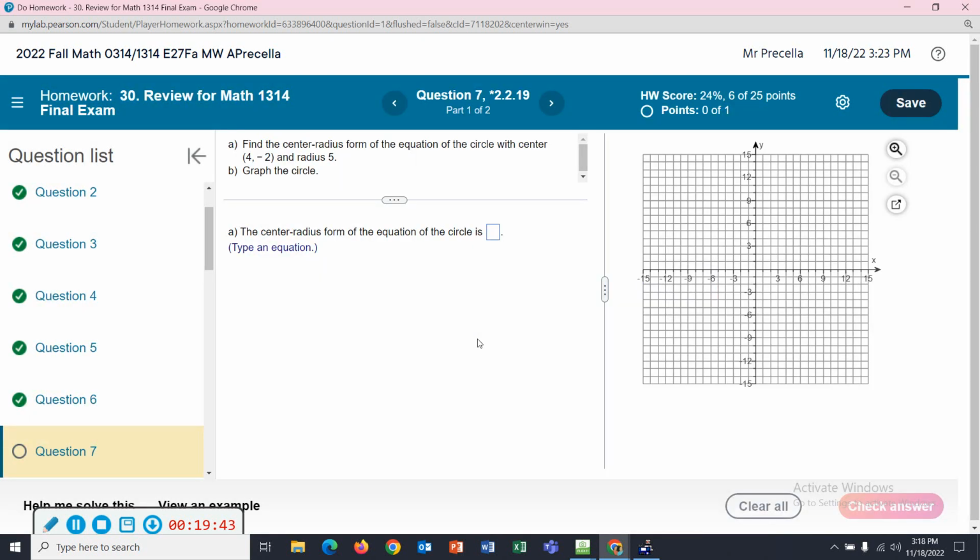Number 7. Find the center radius form of the equation of a circle. So we're going to find the center radius form of the circle with the center at 4, negative 2, and the radius of 5.